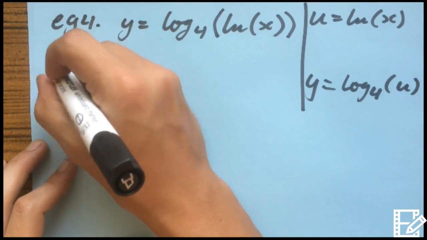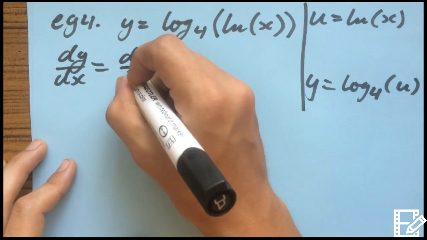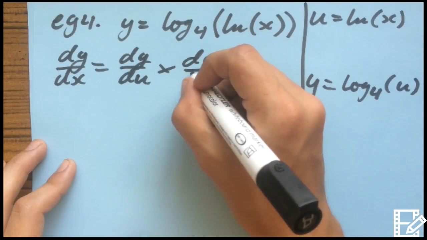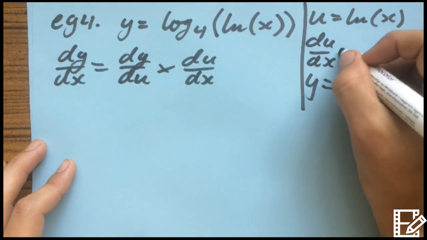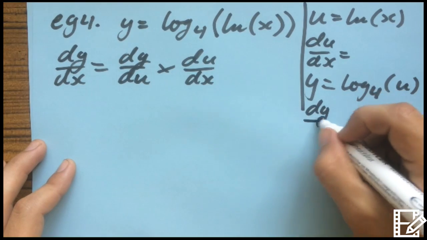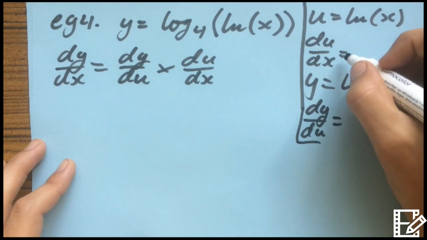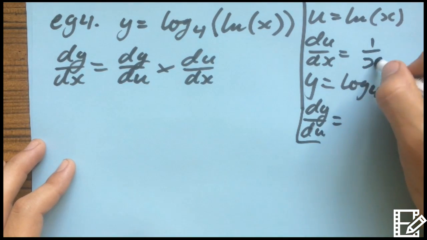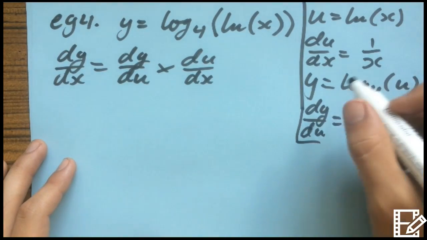The derivative is the derivative of y with respect to u multiplied by the derivative of u with respect to x. Derivative of u with respect to x, u being ln of x, the derivative is 1 on x. I have a video on that too, but I'm not going to explain it here.